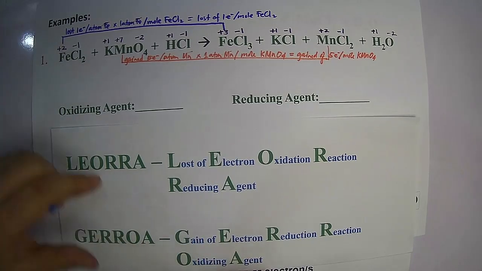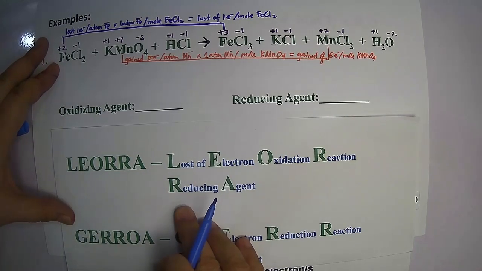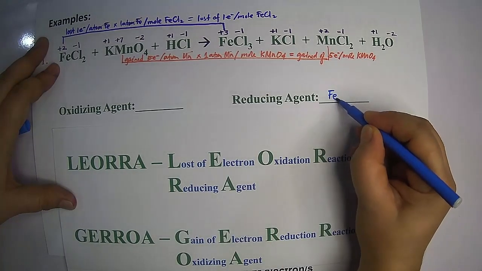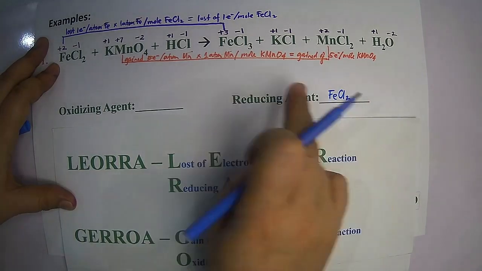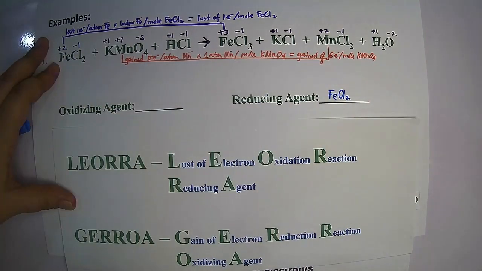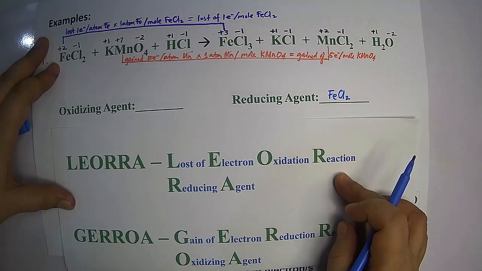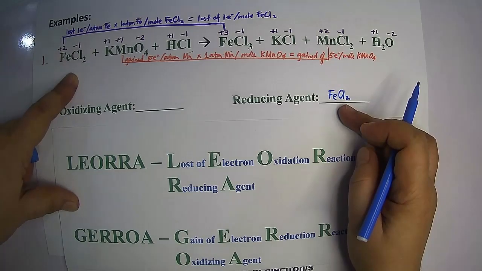Okay, so it undergoes oxidation reaction. So the reducing agent is ferrous chloride, where iron is present, because iron undergoes oxidation reaction. Therefore the reducing agent is the compound in the reactant side, ferrous chloride.